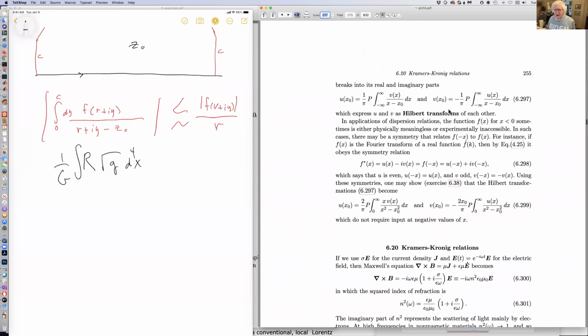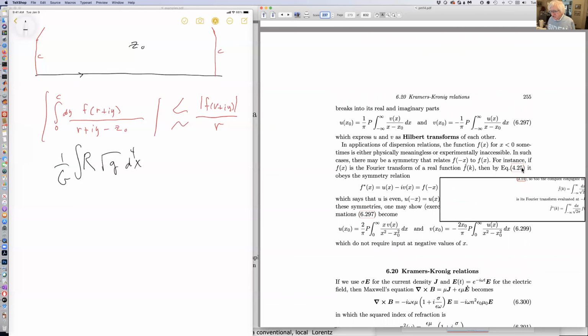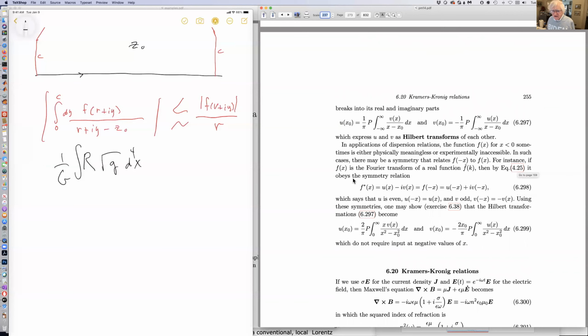And in that case, the function f of x for negative x can either be meaningless or experimentally inaccessible. However, sometimes f of x is the Fourier transform of a real function, in which case it obeys the Fourier transform identity that the complex conjugate of the Fourier transform of a real function is the Fourier transform evaluated at minus the argument. And so we get this complex equation.